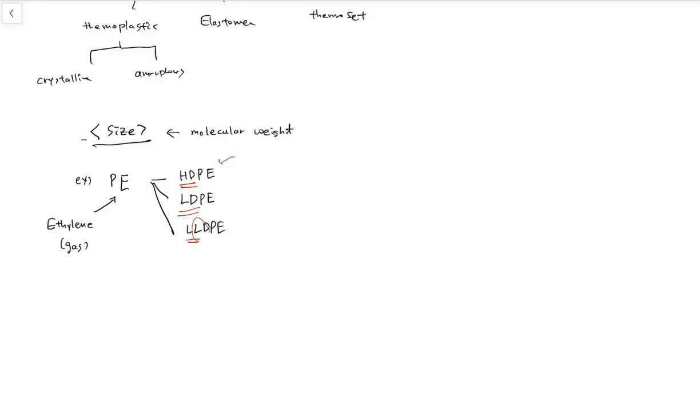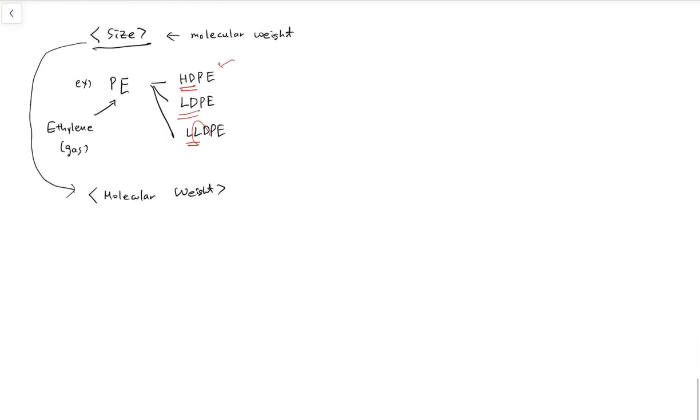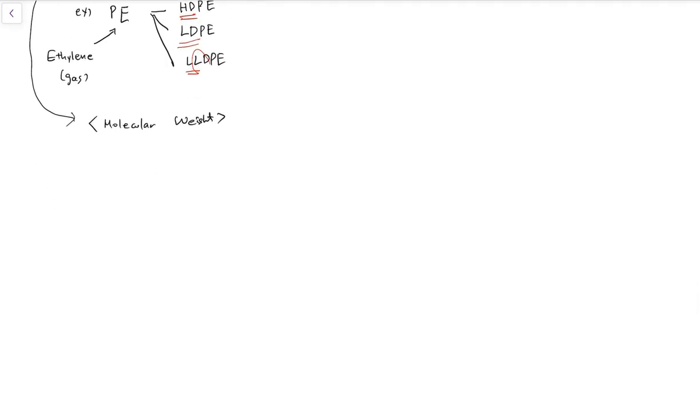Right. So since the size or density is important, we also need to learn about the molecular weight of polymers. What kind of molecular weights are there? There are many different types of molecular weight for polymers. Usually we denote 4 different kinds. The first one is number average molecular weight, denoted as Mn bar.